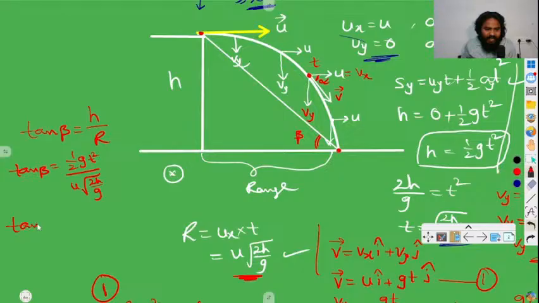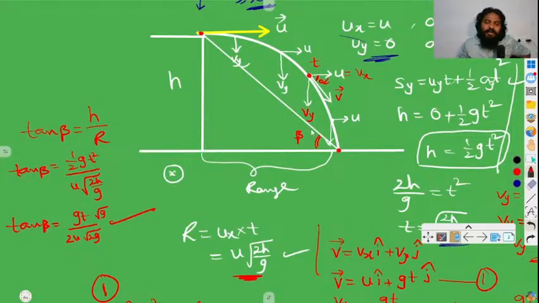From this you'll get tan beta equals gt square by 2u root 2h into root g, right? If you solve this, root g gets cancelled, and if you solve further you'll get whatever answer you want.